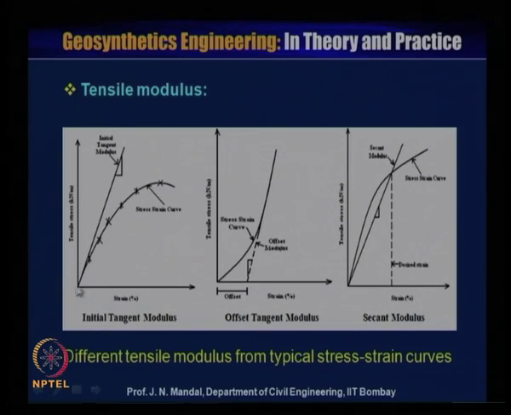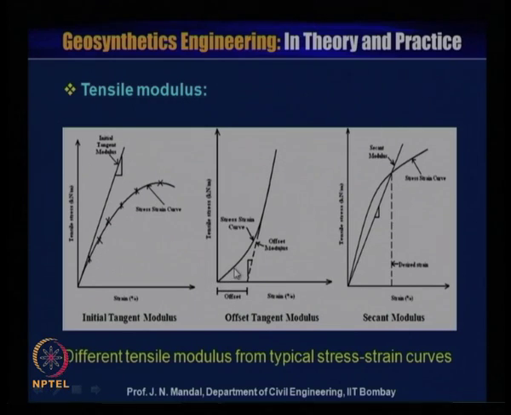So, you can draw an initial tangent from the origin, you can make a slope, and you can determine the initial tangent modulus. This data will also be very useful for the design and for the computation of the problem. From this slope you can determine the initial tangent modulus of the geotextile.